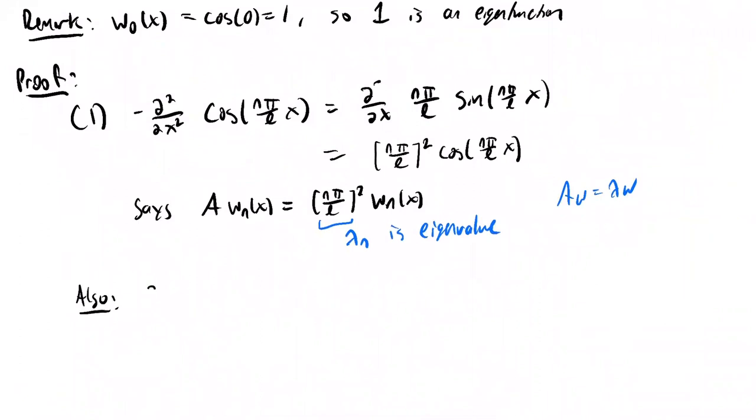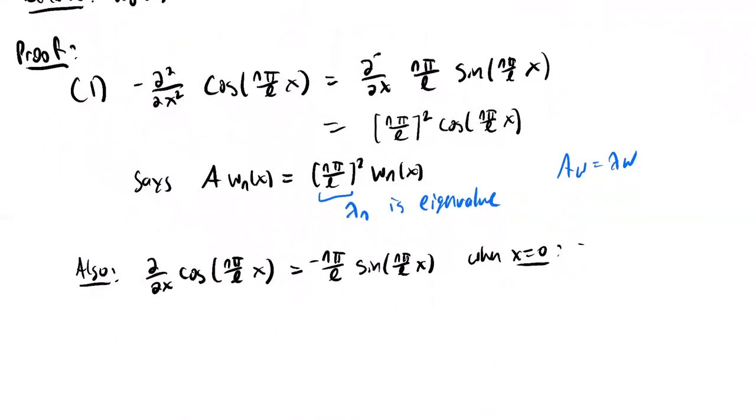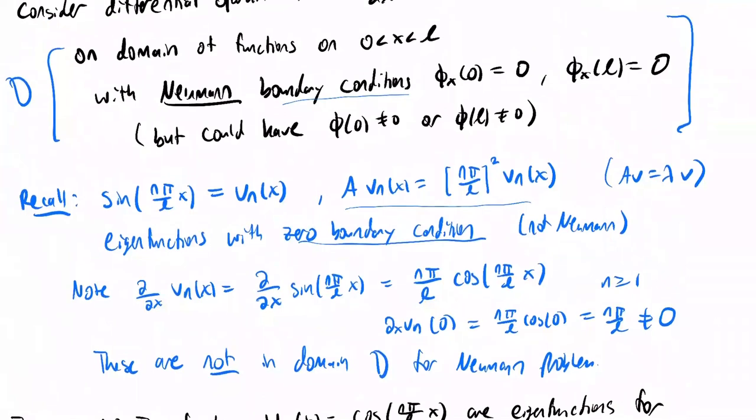Let's just quickly check. Let's say I take the derivative with respect to x of cosine of n pi over L x. This is going to be negative n pi over L sine of n pi over L x. Well, when x is equal to 0, I get negative n pi over L sine of 0, and sine of 0 is 0. So that's the first condition; we want 0 derivative when x is equal to 0.